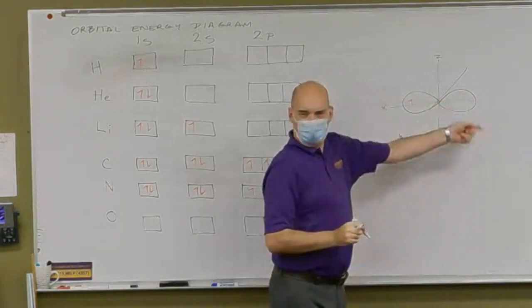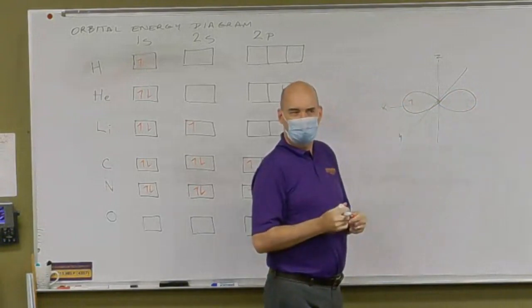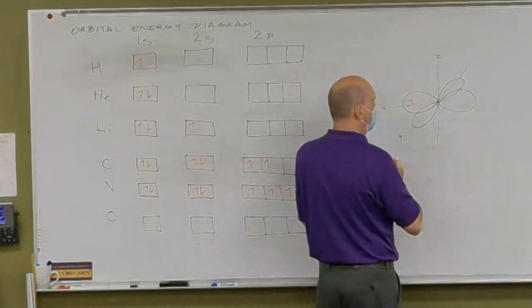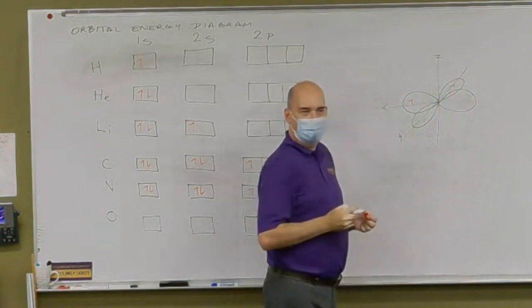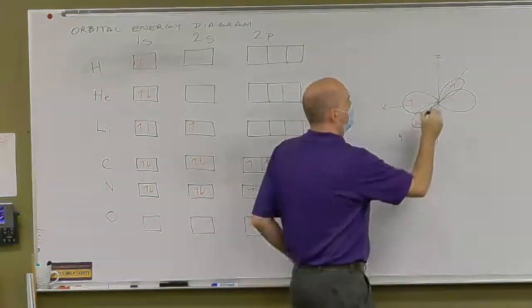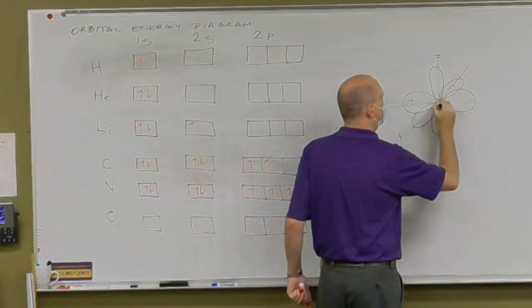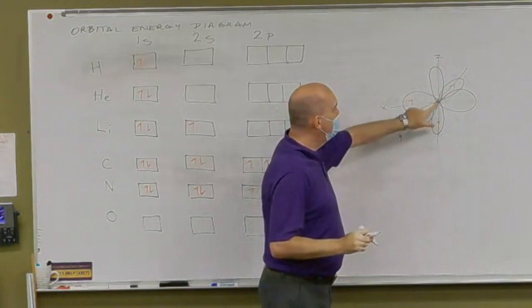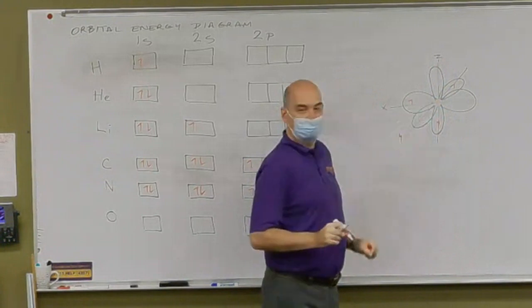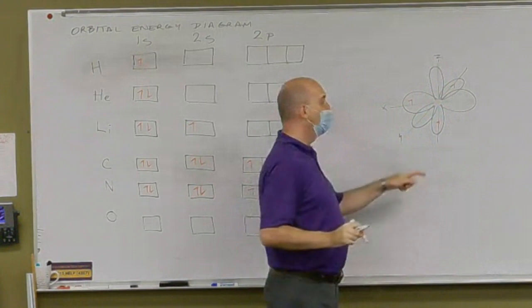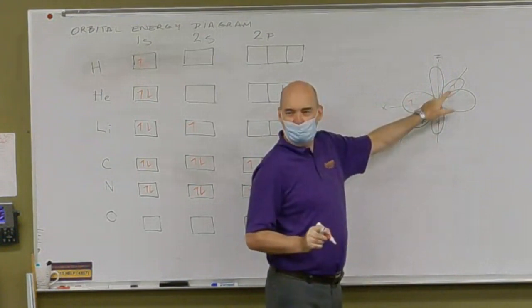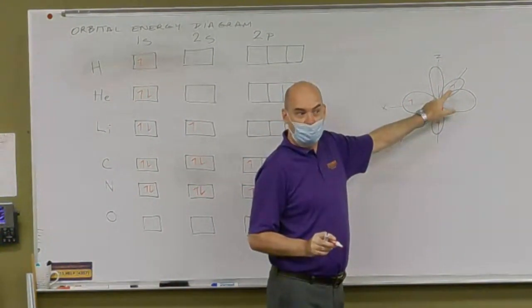And I put an electron in there somewhere. It's somewhere in those balloons. And then here's my Y, and there's an electron in there somewhere. And then here's the Z, and there's an electron in there. And they can never be at the nucleus. It means that this electron is 90 degrees away from that electron, which is 90 degrees away from that electron, which means they basically don't ever get in each other's way.